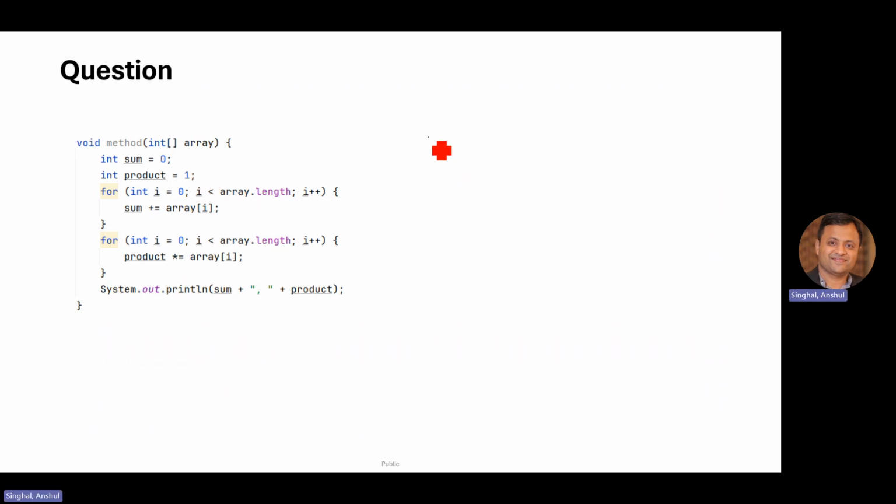Basically, this is our memory. I have a variable called sum, which I will denote as S, and another variable called product. Here I have 0, then I have 1.